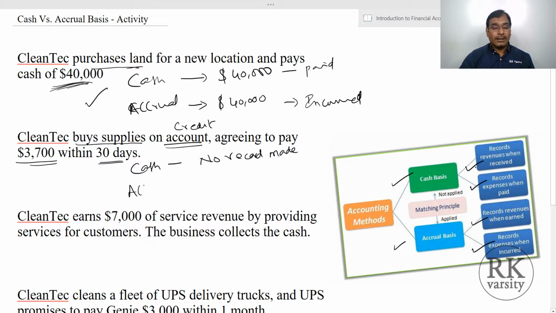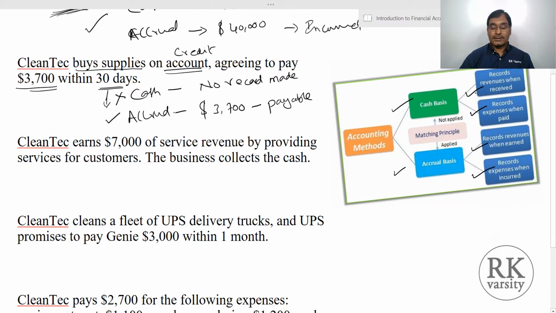However, in case of accrual basis, we record this: $3,700 is recorded as payable. That means this amount you have to pay at a future date, that is, in the next 30 days. So this is the difference between cash basis and accrual basis. As no cash is paid, the cash basis will not recognize this, but accrual recognizes it.